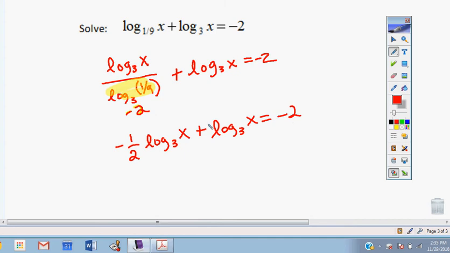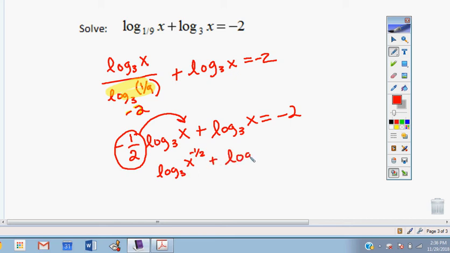So what does that mean? I can put those together if I wanted to bring this power up, right? So let's practice that. This right here, okay? They ended up being like terms here. That won't happen every time, so I do want to show you this. So now I have log base 3 of x to the -1/2 power, as we can see there. And then I have what?